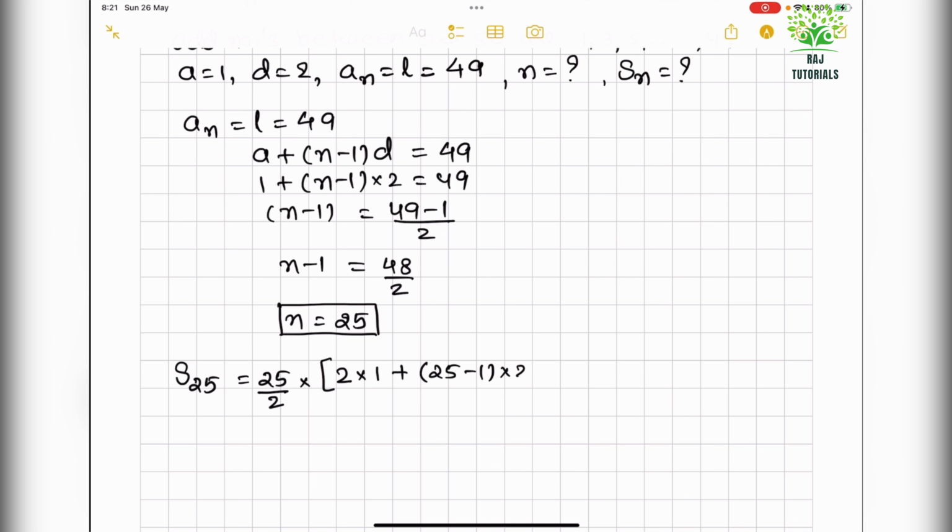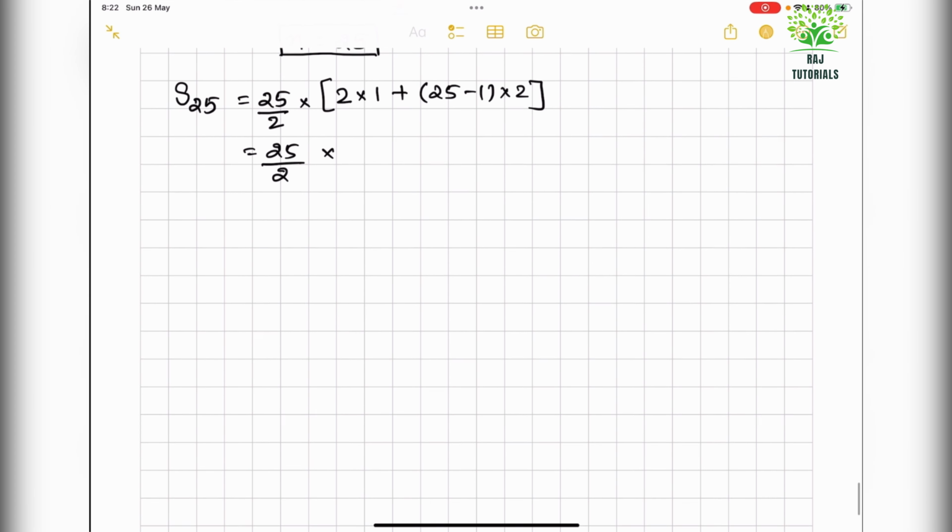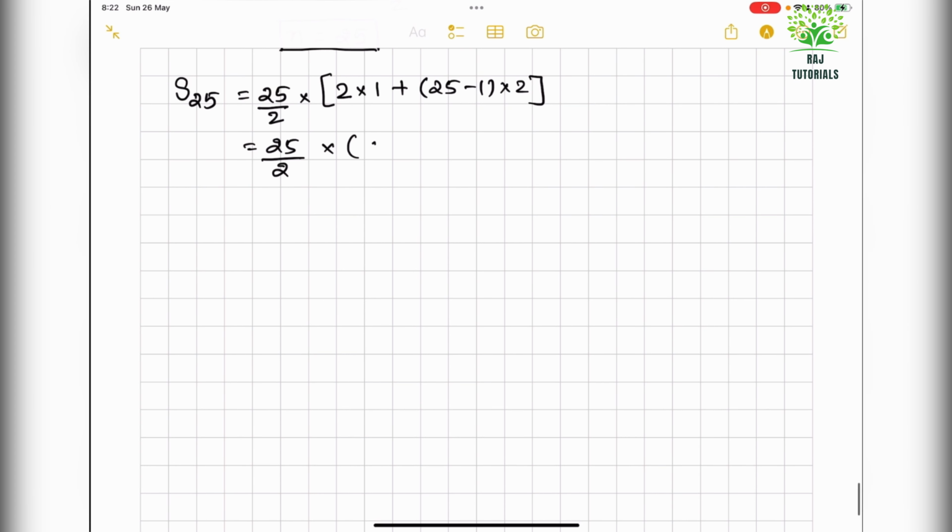D is 2. So this will be 25 by 2 into 2 plus 24 twos are, so 48. So 25 into 50 by 2. So the answer will be 625.